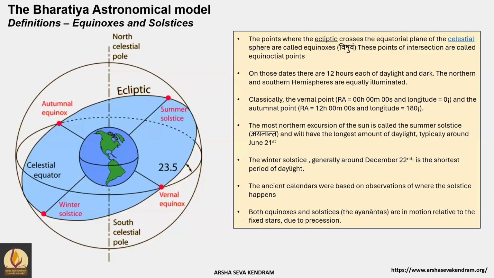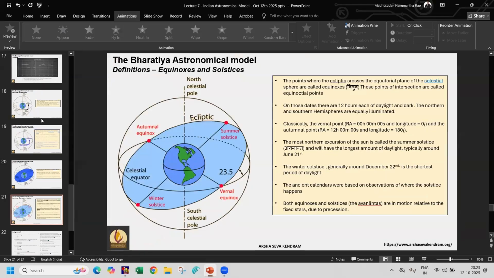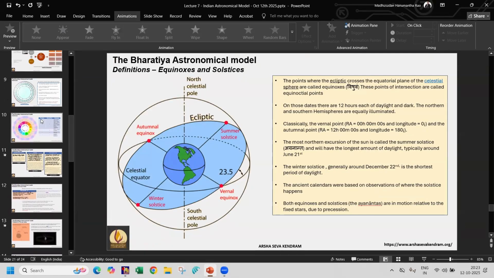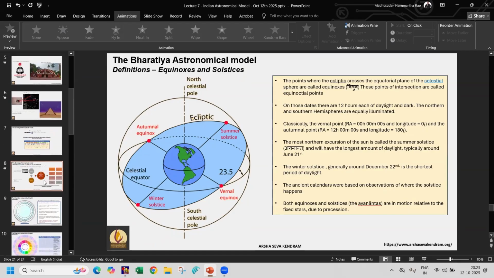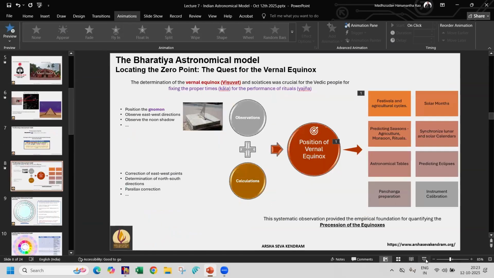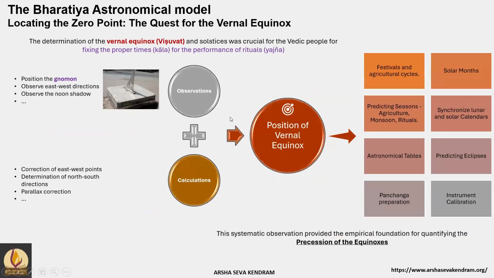And we also saw some of the reasons for that. Sorry, one second. I'm just trying to go back to an earlier slide. So we also saw that they were very much interested in understanding the position of the vernal equinox for the following reasons.